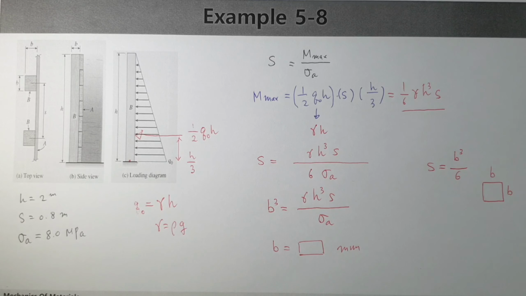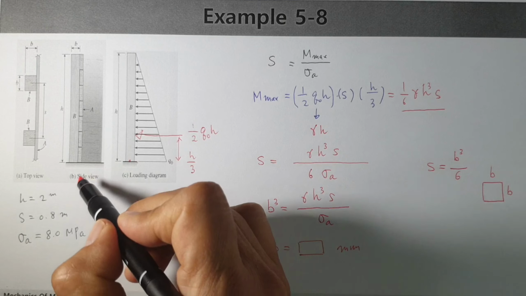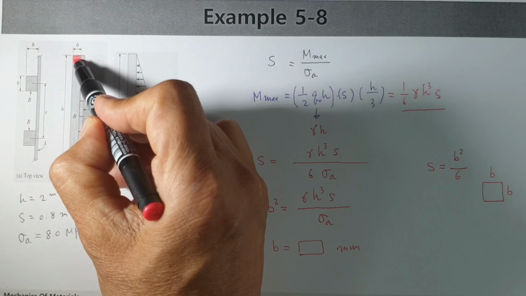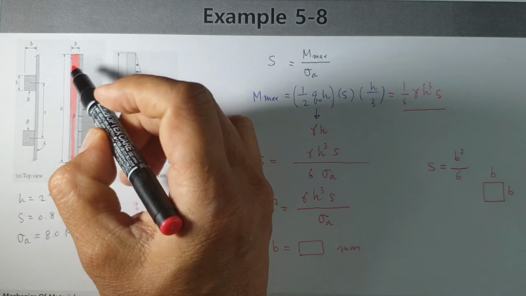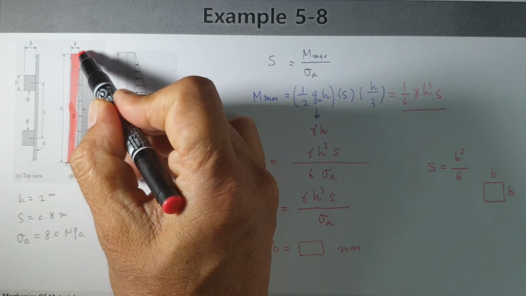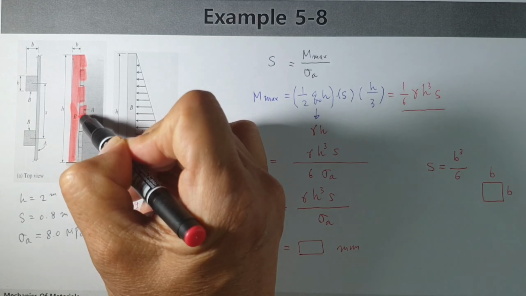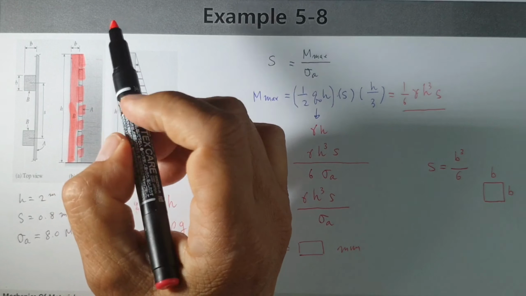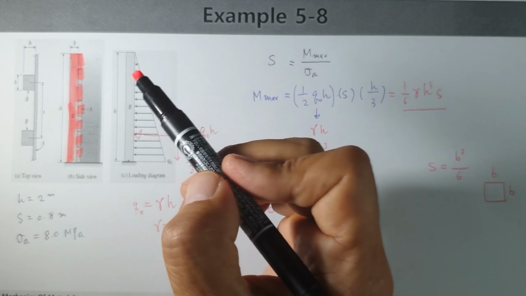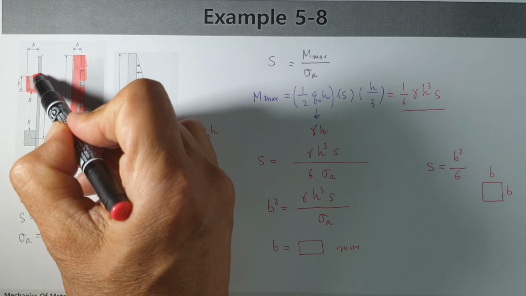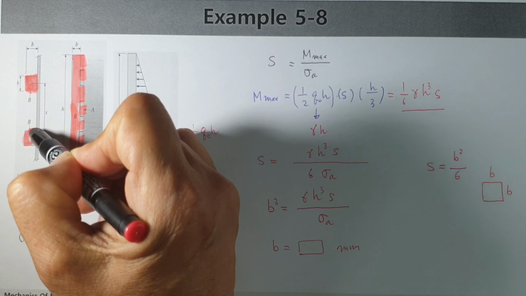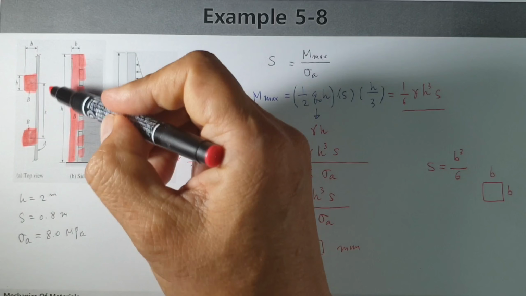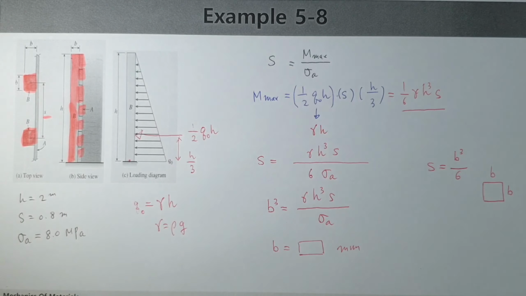In this example, we've considered a dam. In this dam, the side view is like this one, very high. The panel is connected like this one. And we have posts located with some distance S, with the post cross-section like this one.